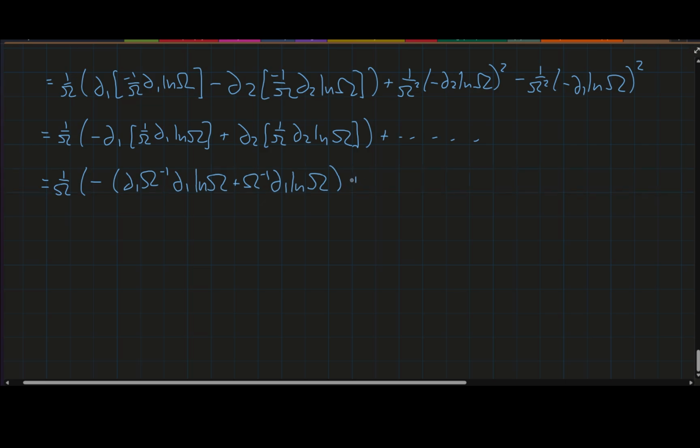And then for the next term, we get del 2 on omega to the minus 1 del 2 ln omega plus omega to the minus 1 del 2 squared ln omega. And this del 1 here should also be squared in that term. Okay. And then we, of course, have our close bracket and our plus dot dot dot here.